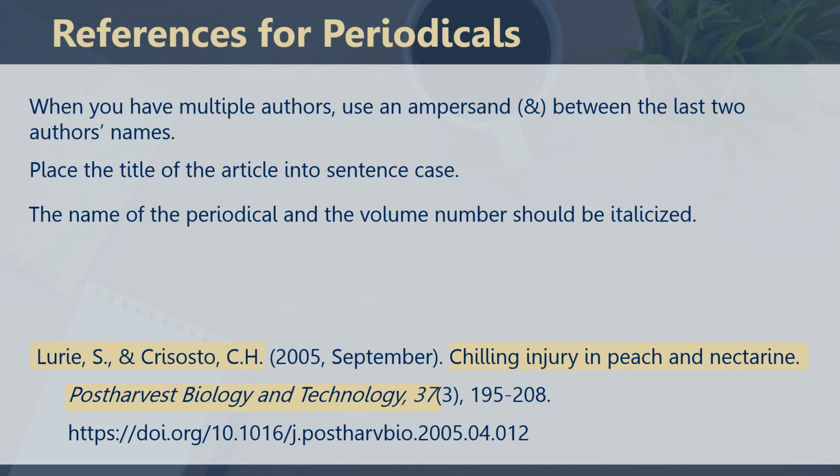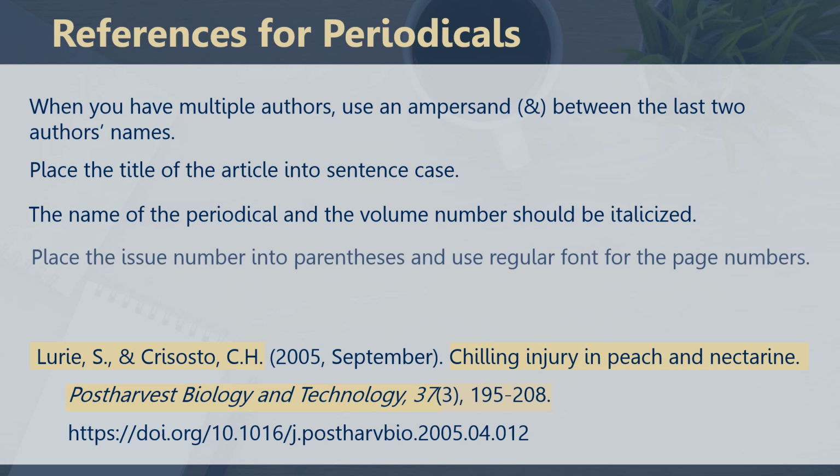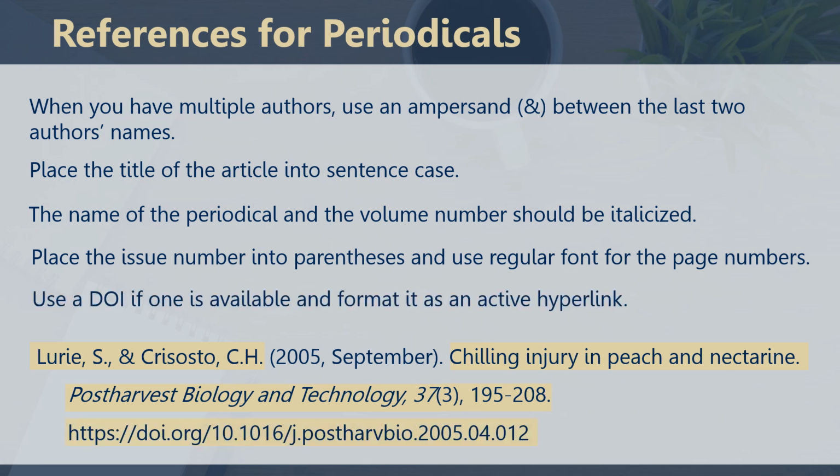The name of the periodical should also be capitalized. Place the issue number in parentheses and use regular font for the page numbers. In addition, when you retrieve an article from an online database, you will use the DOI if available. The DOI should be formatted with an active hyperlink as shown in the example.